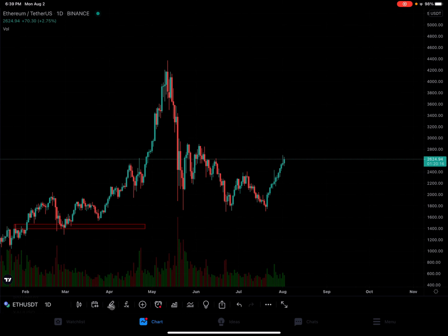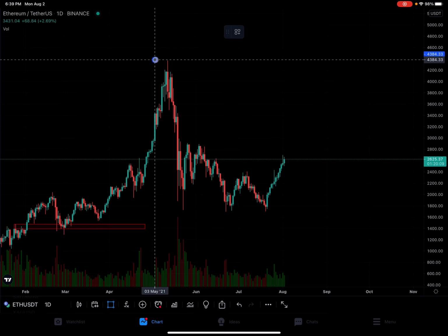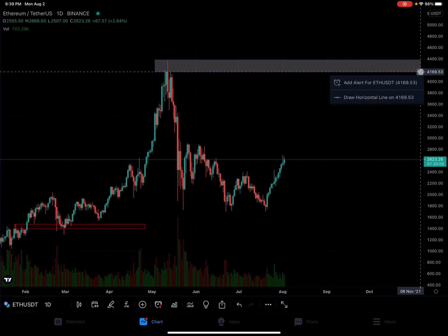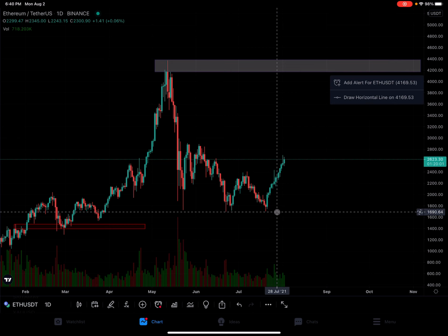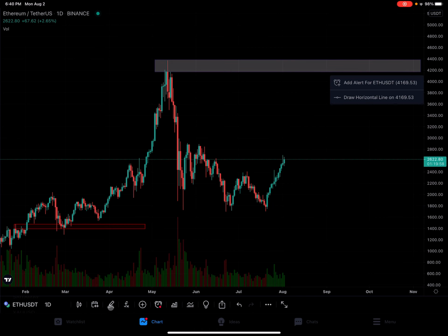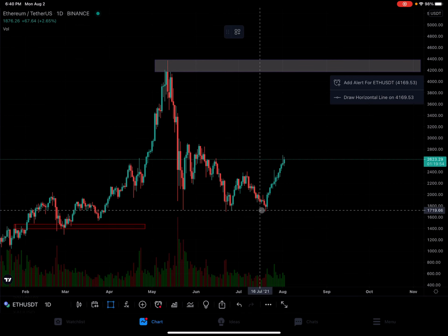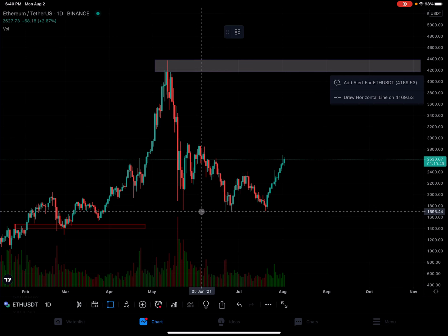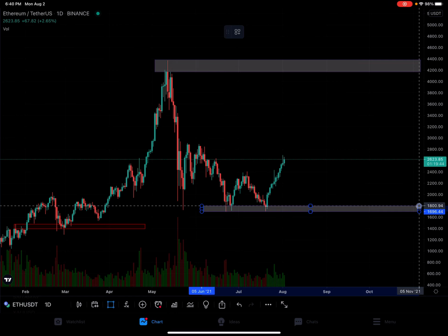But again, you would draw your zone, top of the wick, body of the candle, come down, bam. You got support here, basically. So you got support right there. Do the same thing, and you got support all there. Bam.